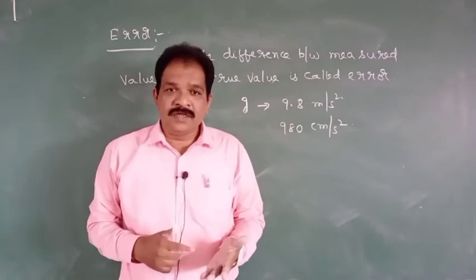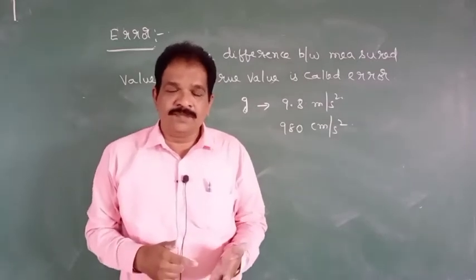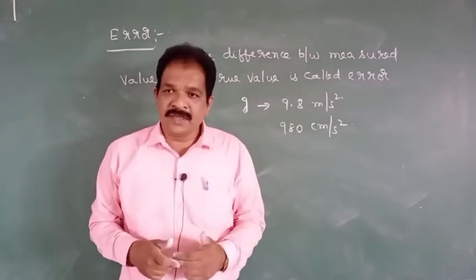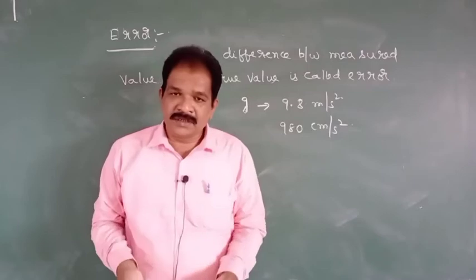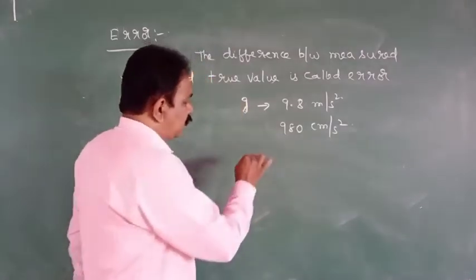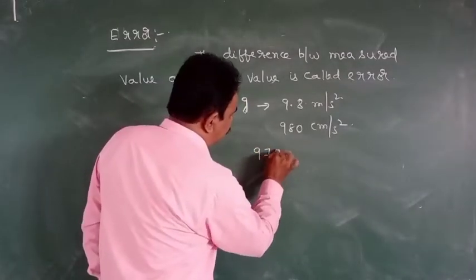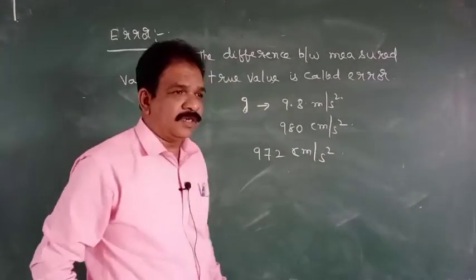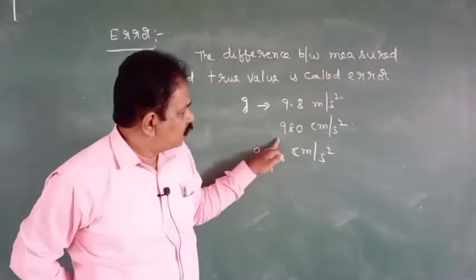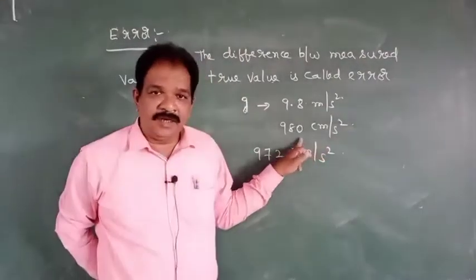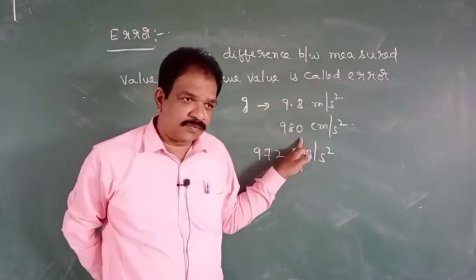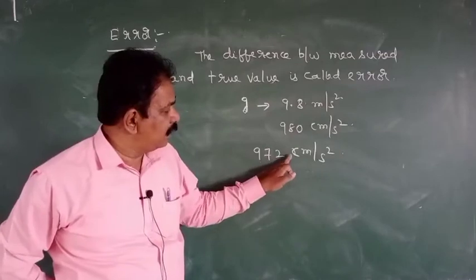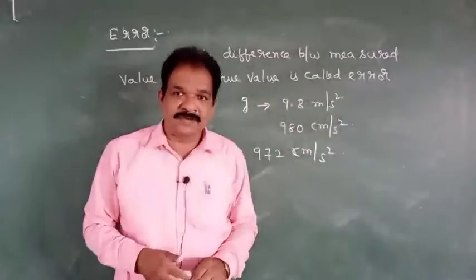We will use a device named simple pendulum to measure it. By using a simple pendulum, we measured the g value. This value came as 972 centimeter per second square. Actually, the true value is 980 centimeter per second square. What is the measured value? 972 centimeter per second square.